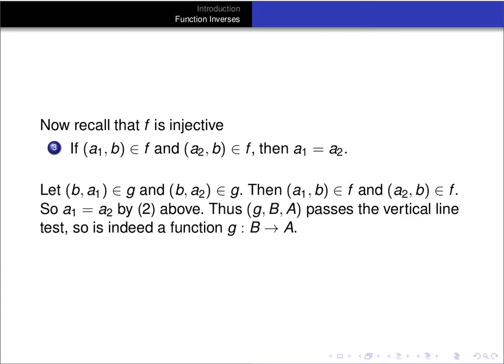And by injectivity, a1 is equal to a2. So that means that G passes the vertical line test. We gave it an input b with two potential outputs, a1 and a2, and by injectivity of F, it follows that G passes the vertical line test. Okay, so indeed we have a function G from B to A. Its domain is B and it passes the vertical line test. That makes it a function.